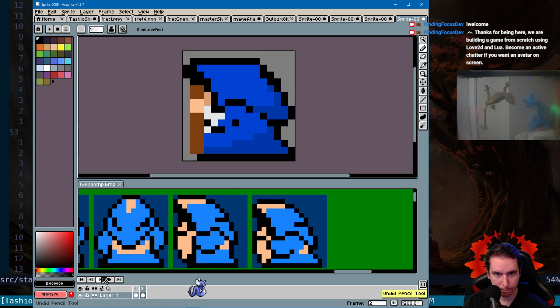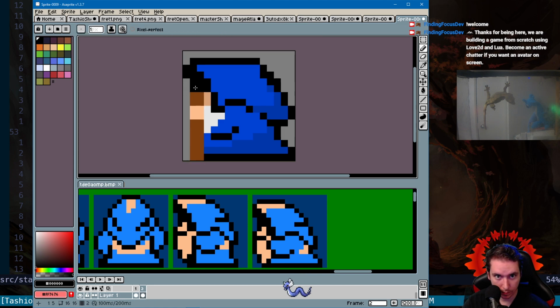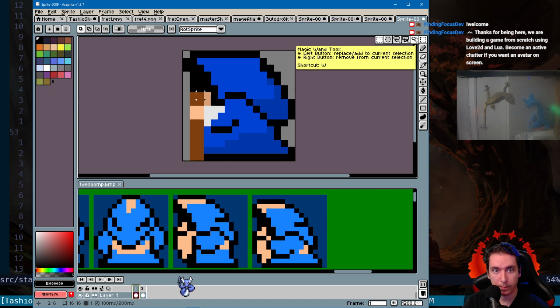Okay, let's try it. We'll keep the arm down there, and we'll make the other staff the high staff. So this will be the low staff, and this will be the higher staff.